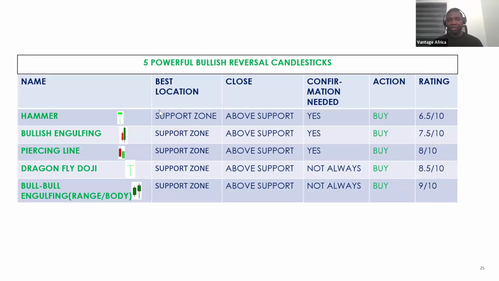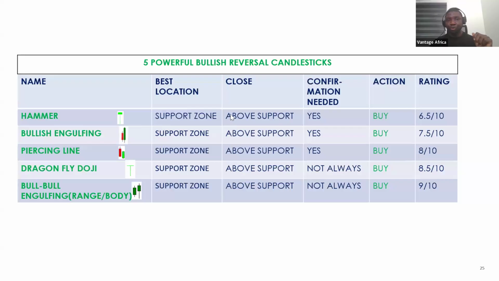When it says above a support zone, this is what I mean by areas of market reversal. If you see a candlestick like this in isolation anywhere on the chart, that is not a sign for you to buy. It must be at a support zone and it must be above support.